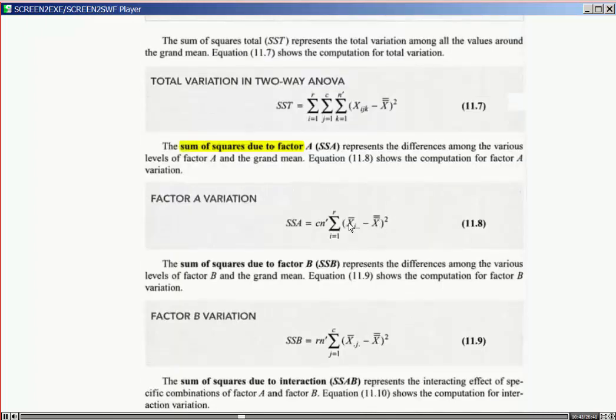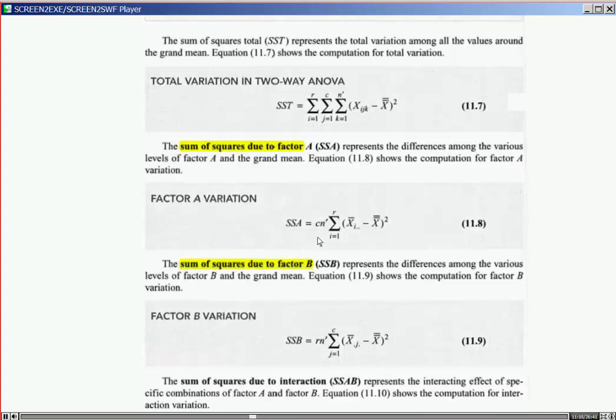We get our grand mean and all the values in factor A. After which we multiply this whole thing by C times N prime. Because factor A is present in a combination of A and B.